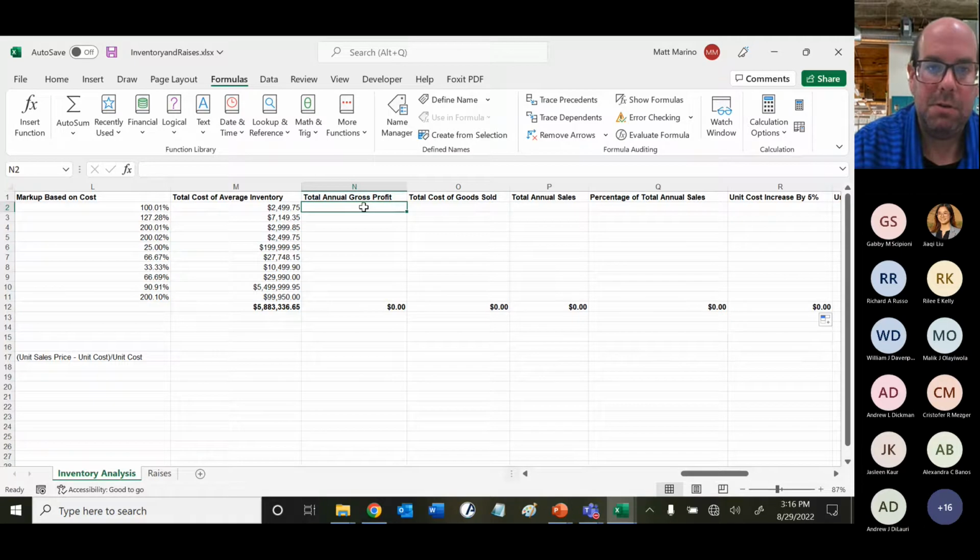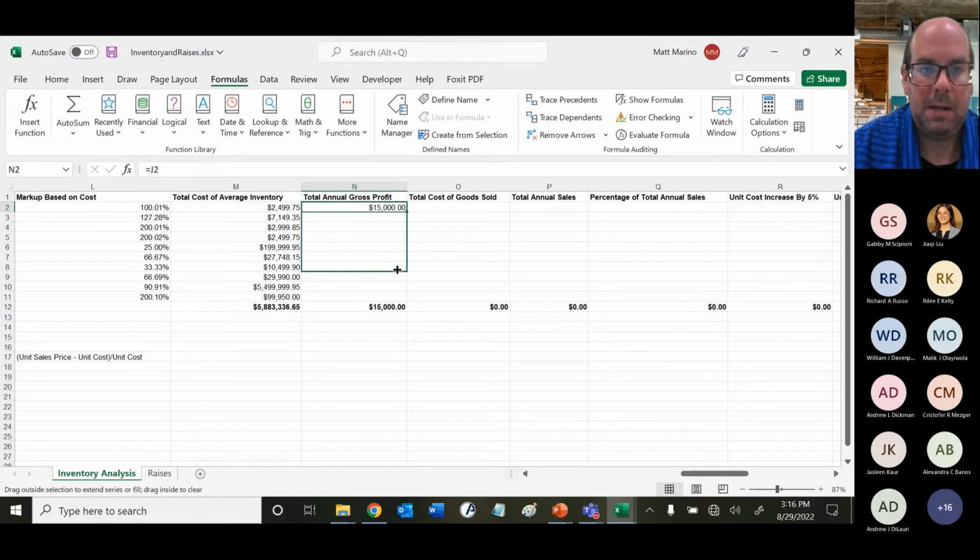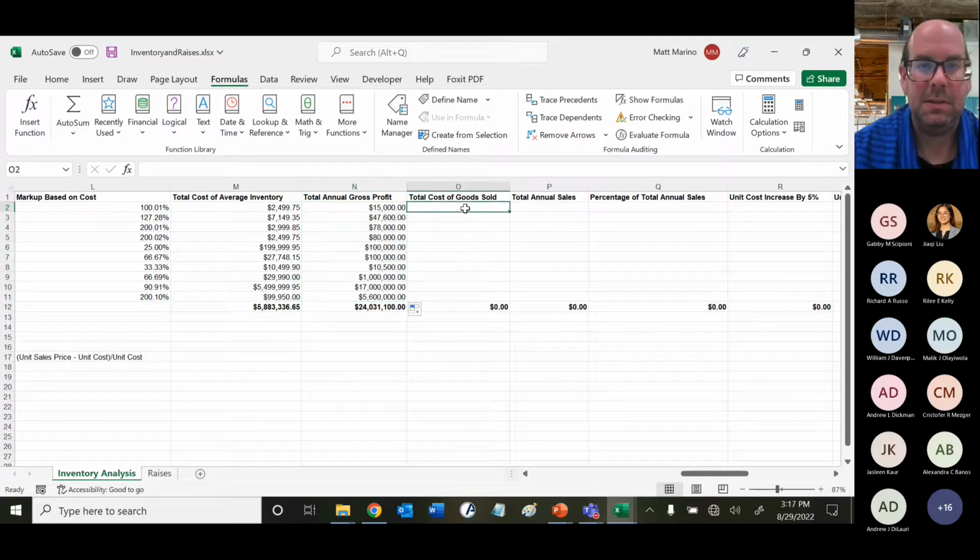So our total annual gross profit, again, we already have. This time it's in column J. So we do J2. Calculate it, drag it down, autofill, everything's done for us. For total cost of goods sold, we already have that in F. So we do equals F2, enter, click back in, autofill through.